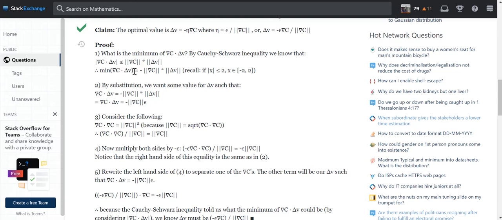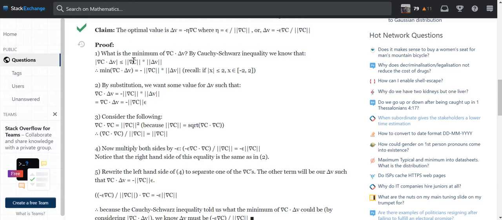This means that the minimum of this is the negative of this. How does this make sense, you might ask? This is the modulus, right? If the modulus of x is less than or equal to 2, then x belongs to negative 2 to positive 2, so the minimum value of x would be negative 2.